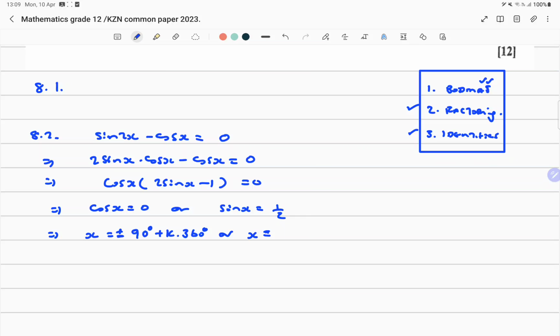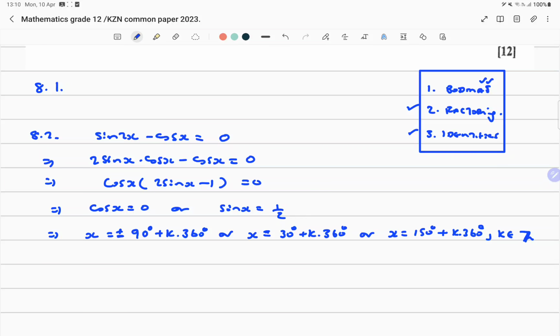So this is going to be 30 degrees plus k times 360 degrees, or x is going to be equal to 180 minus 30, which is going to be 150 degrees, plus k times 360 degrees, where k is an element of integers.